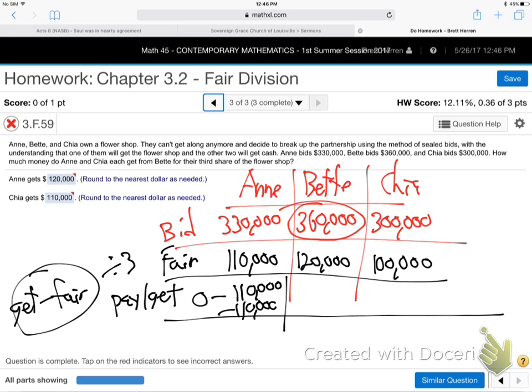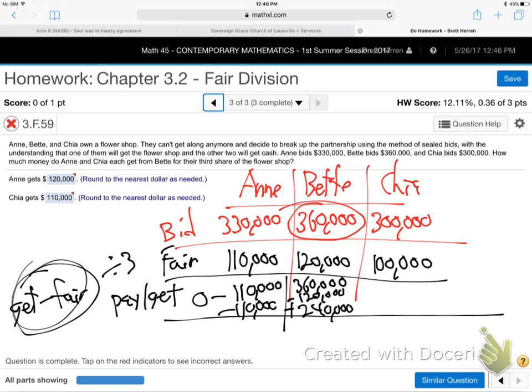Next, what did Betty get? Betty got the whole flower shop. I guess flower shops smell good. She got the whole thing, didn't she? Minus fair share. I'm supposed to take what they got minus fair share. So that's positive $240,000.